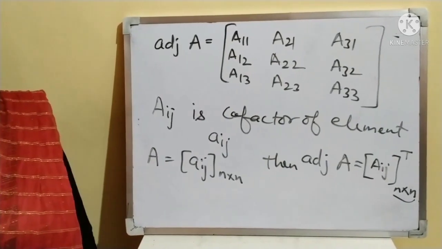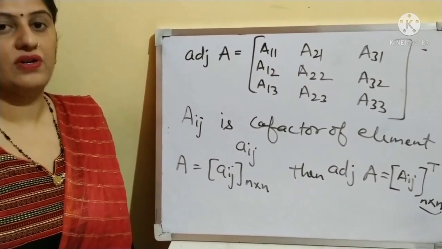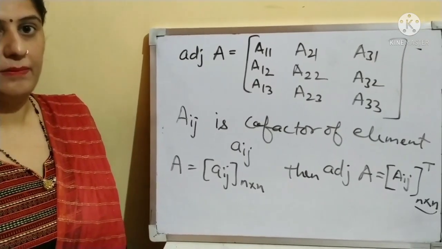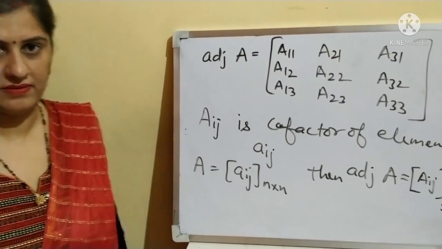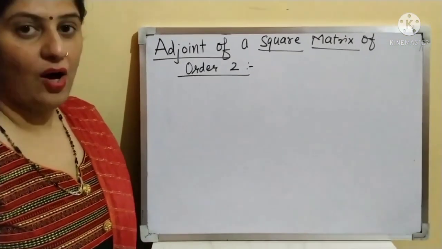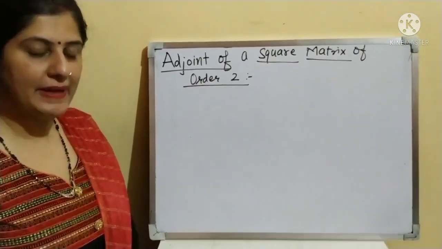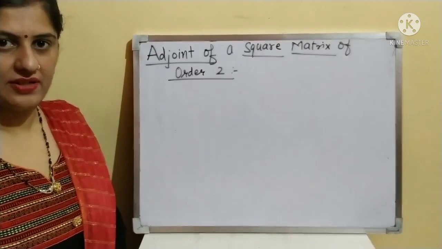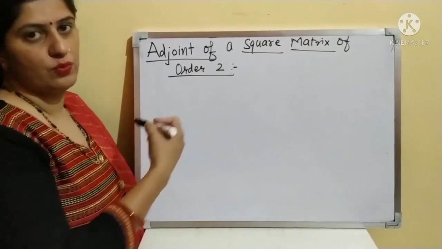Now we will discuss how we can find adjoint of a given matrix mathematically by taking some examples. Now we will discuss one example based on adjoint of a matrix. In this topic, we will find adjoint of a square matrix of order 2.